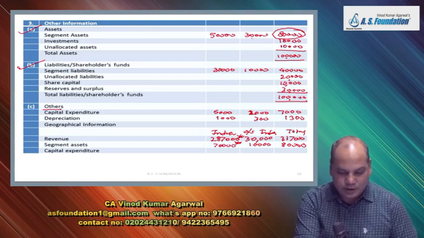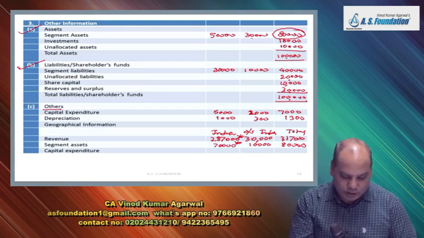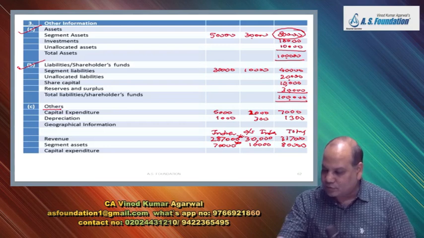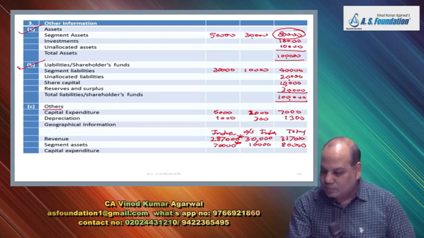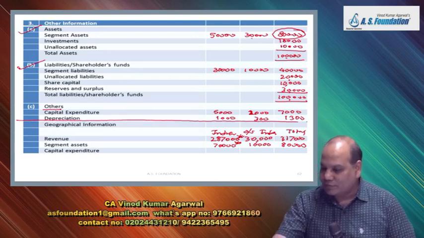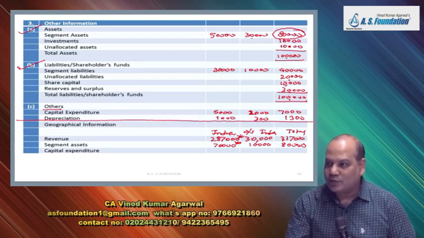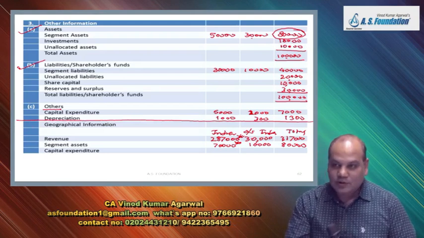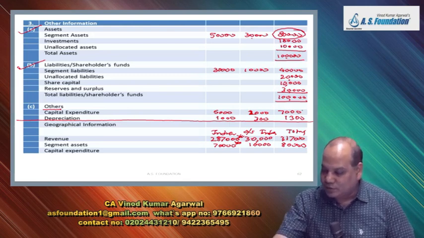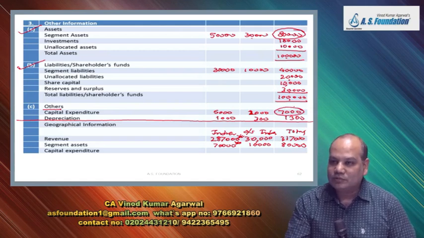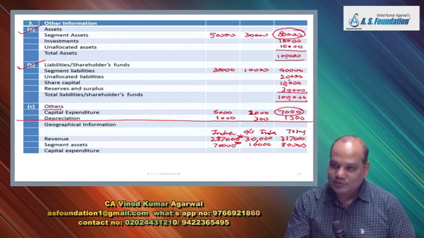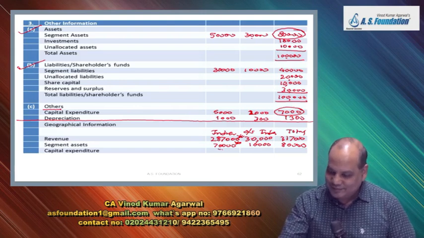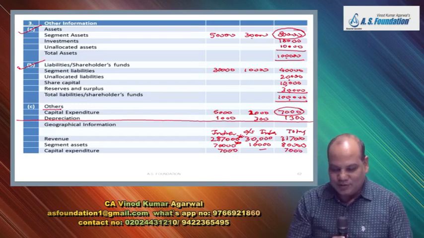Now let us identify capital expenditure. You have already written 5,000, 2,000, total 7,000, but that was product wise. This last part of the table is geographical location wise. What is not given in the question is whether this 7,000 is in India or outside India. Assume India. So 7,000 is assumed within India.